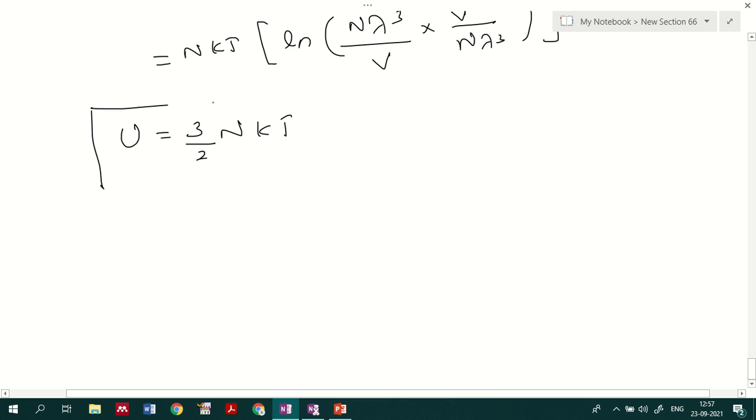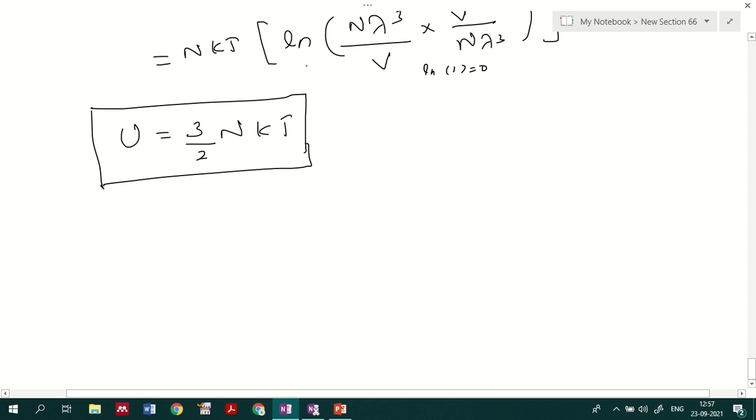So that is the internal energy corresponding to this. This is because n lambda cube by v and v by n lambda cube get cancelled, then the remaining one will be there, and ln 1, we know, is equal to 0.